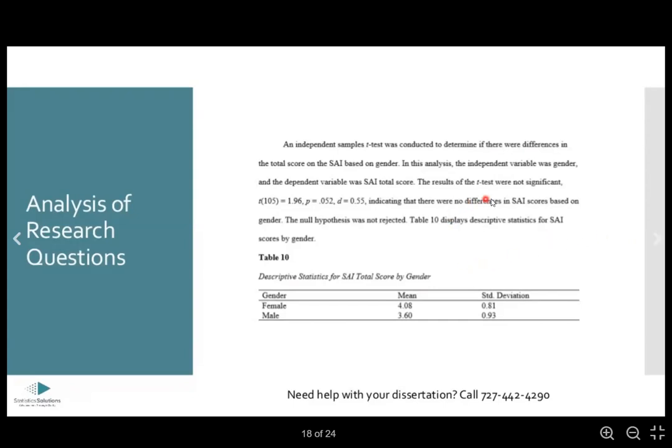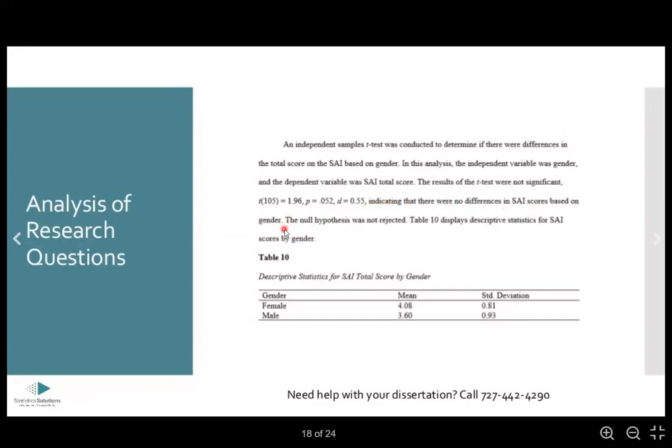Here they're telling us that the results of the t-test were not significant, and we see that they're reporting the degrees of freedom for the t-test, so that's 105 here. They're reporting the actual t-statistic, 1.96, the p-value, 0.52, and they're also giving us the effect size. So based on these results, they concluded that there were no differences in score based on gender.